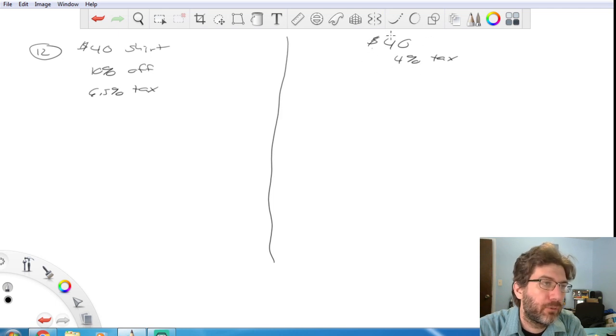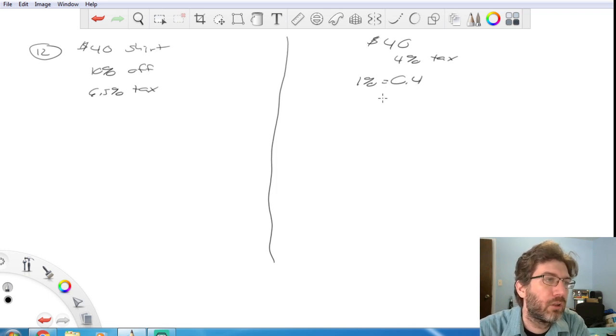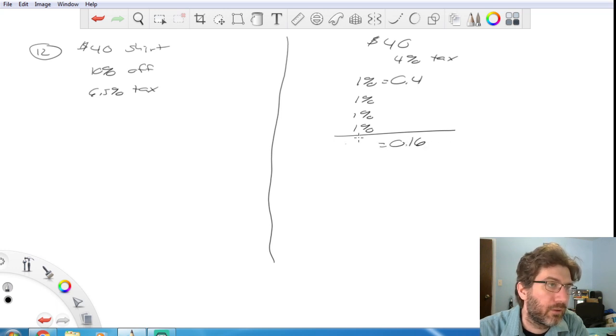4% of 40 is pretty easy to find because, again, 1% is going to be moving the decimal twice, so that's 40 cents. So 4% would be just times 4 because you want 4 of these, or just add 4 of them, however you want to do it. So you get 16 cents.